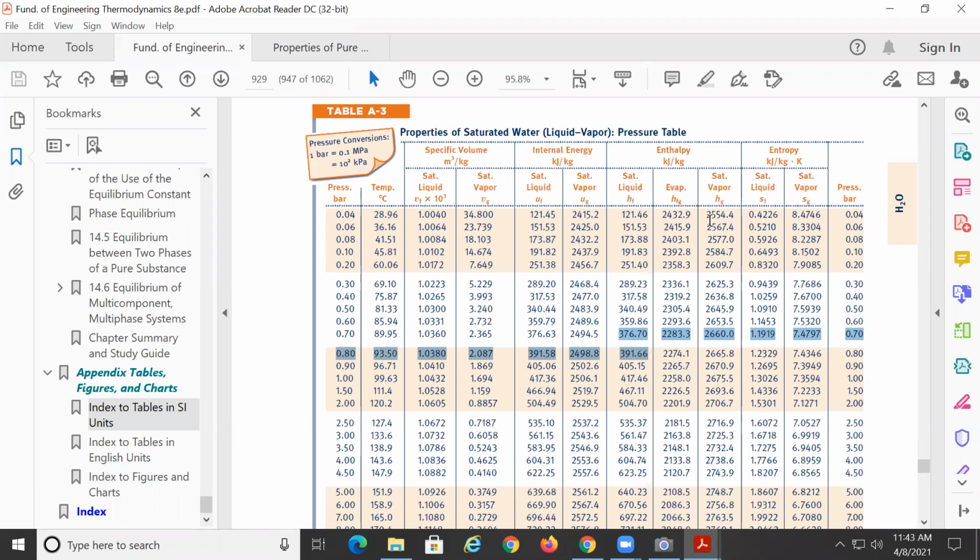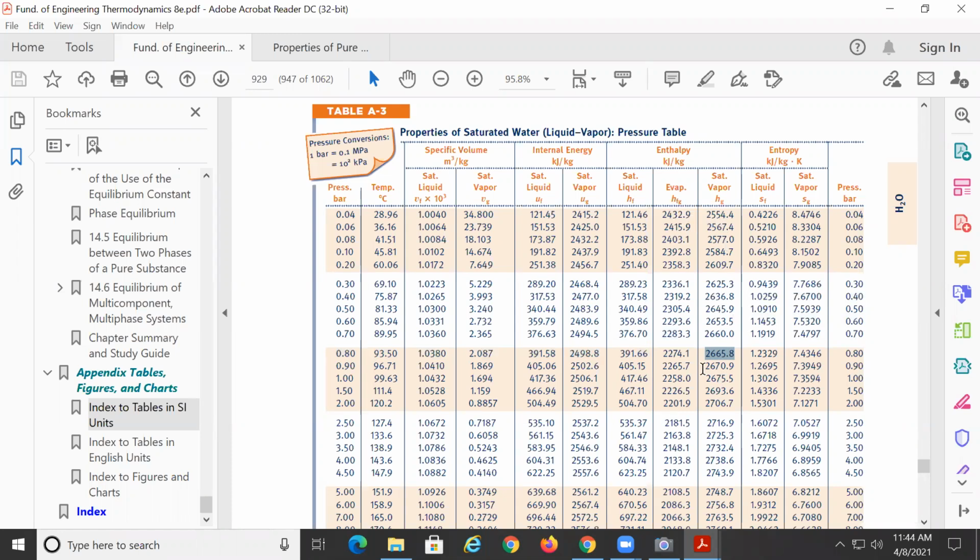And H sub G would be what? 2,660 plus 2,665.8. So that's what? 5.8 difference. I got 2,662.9.